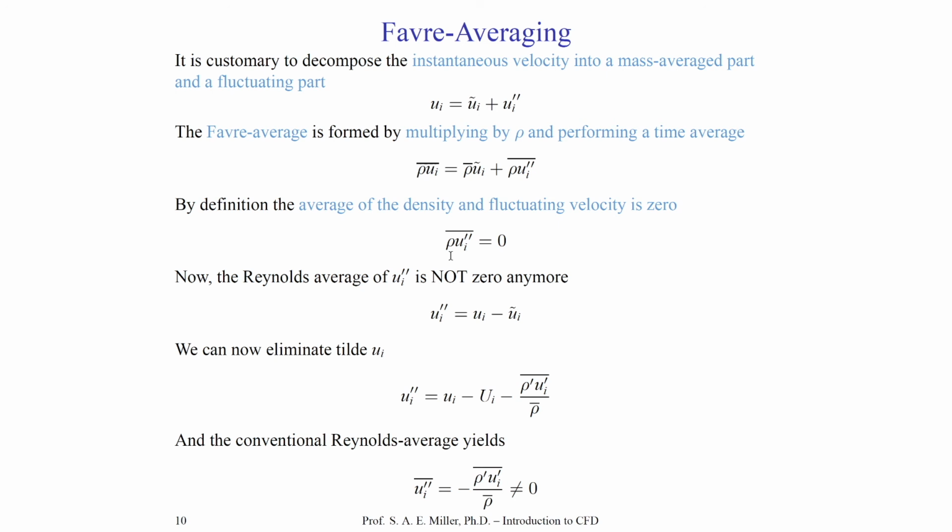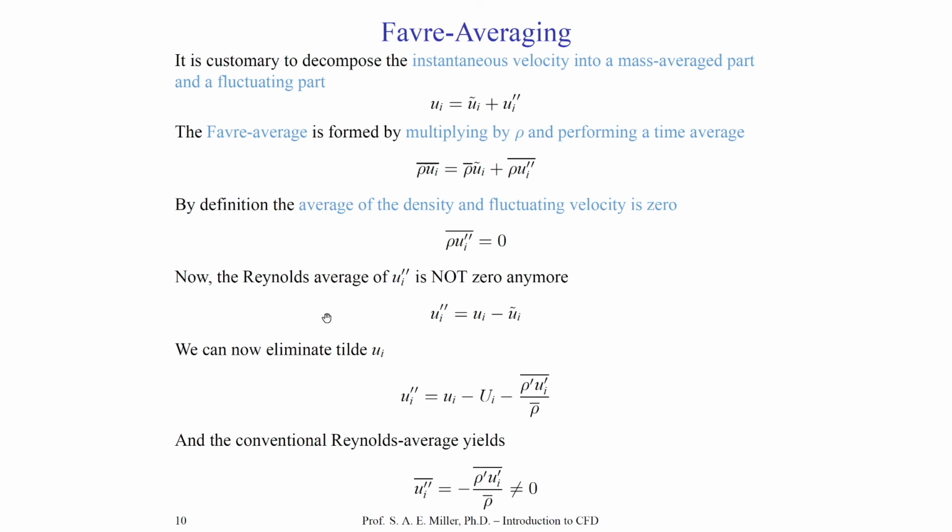Because, of course, averages of density are, in fact, density, no matter if they're mass-weighted or Reynolds average. So we can technically pull out the density in this type of term, and we'll have a fluctuating average, which, of course, is by definition 0. But remember, this average is about the mass, so this term only can be set to 0 because of this reason. The Reynolds averaging of ui double prime will not be 0.